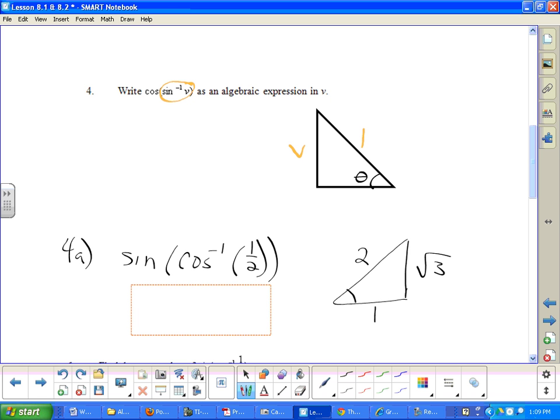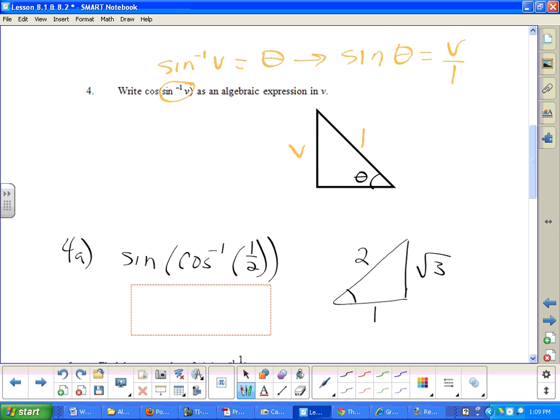Because they want us to find an angle, when we're trying to find an inverse, this implies that sine of theta is equal to v over 1, which is the opposite over the hypotenuse.